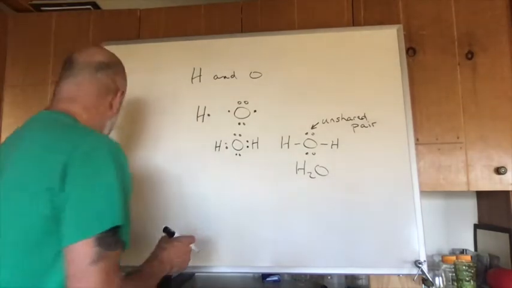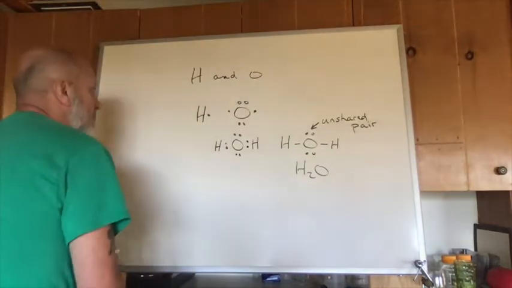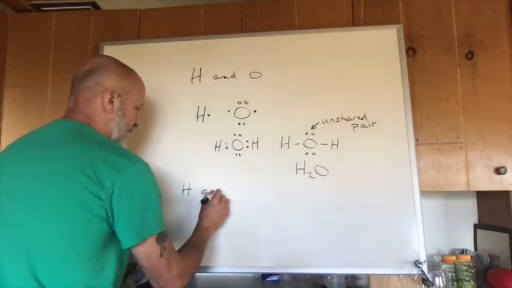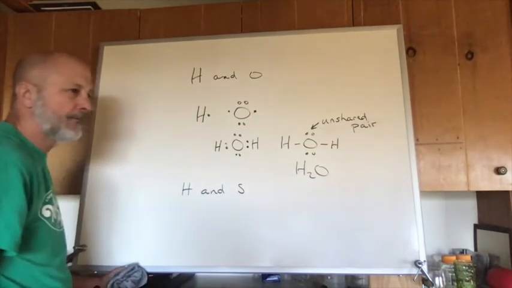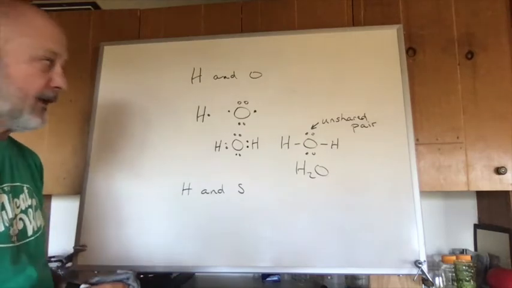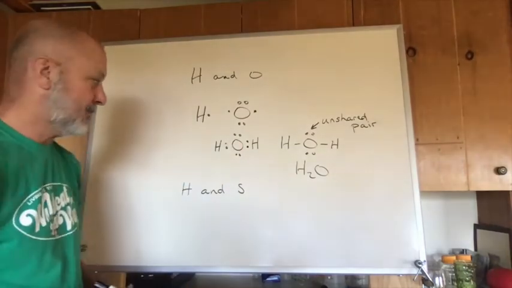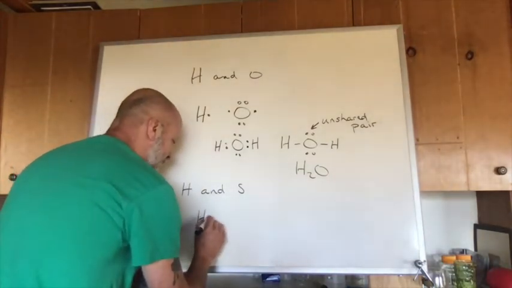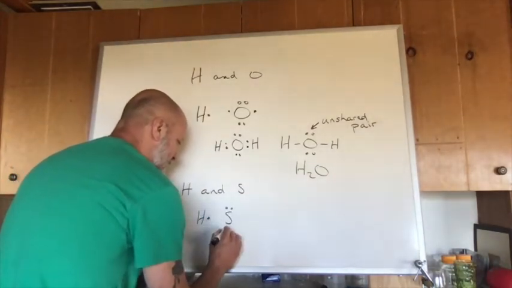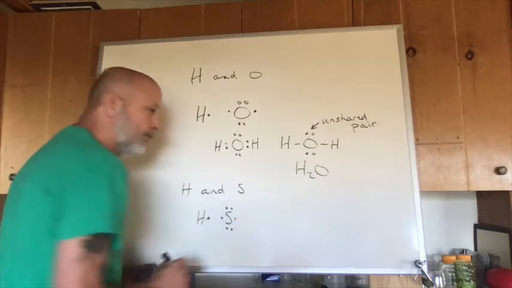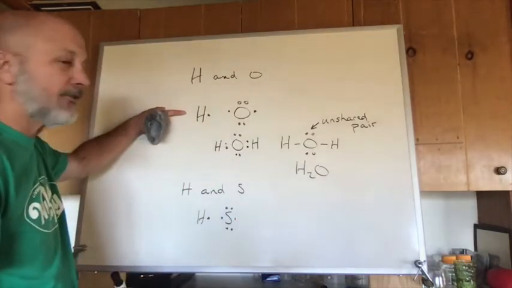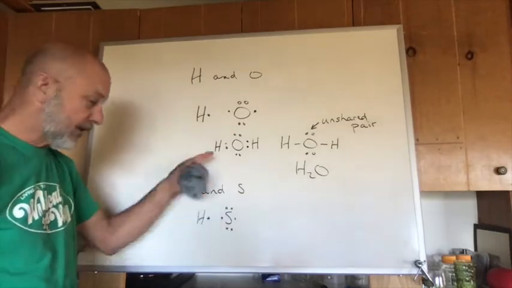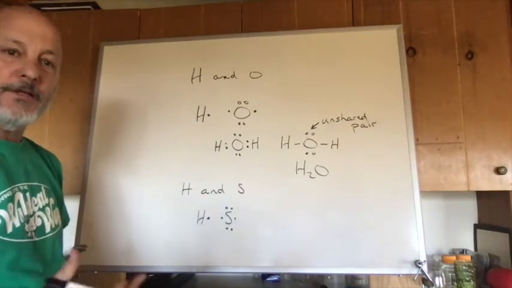Then, of course, what about hydrogen and sulfur? Same kind of arrangement. Now it's a different molecule. It's not water, it's H2S. Hydrogen sulfide is definitely not water. But the way hydrogen and sulfur interact is the same as the way hydrogen and oxygen do. Why? Sulfur, like oxygen, also has 6 valence electrons.